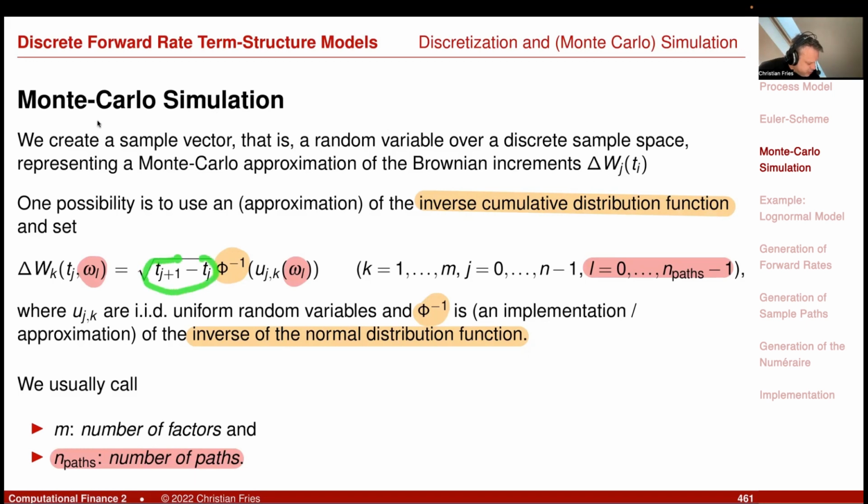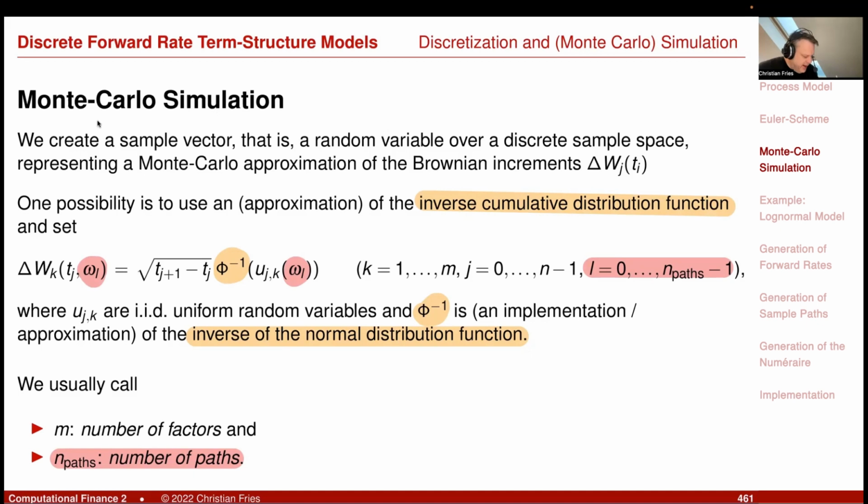So the square root of this is the standard deviation. So you can just sample a standard normal. In that case, phi is the distribution function of the standard normal, and apply a factor that is scaling to get the correct variance. Here the factor is square root of delta t_j. Yeah, that's an easy thing. So we can implement this.